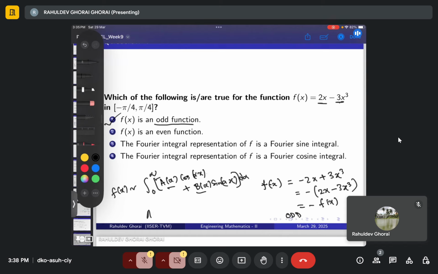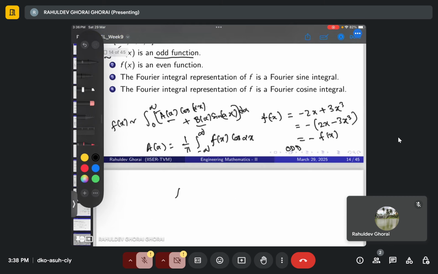So what is A(alpha)? A(alpha) is 1 over pi times the integral from minus infinity to infinity of f(x) cos alpha x dx. Now f(x) is an odd function, right?